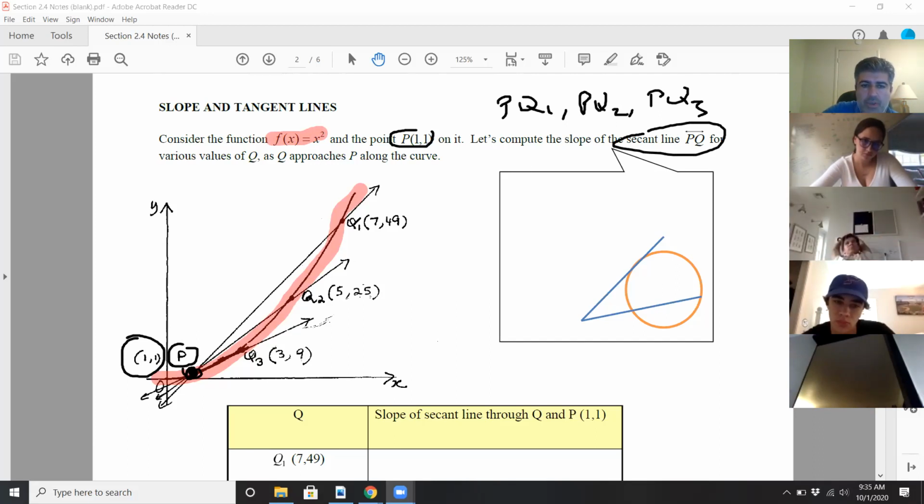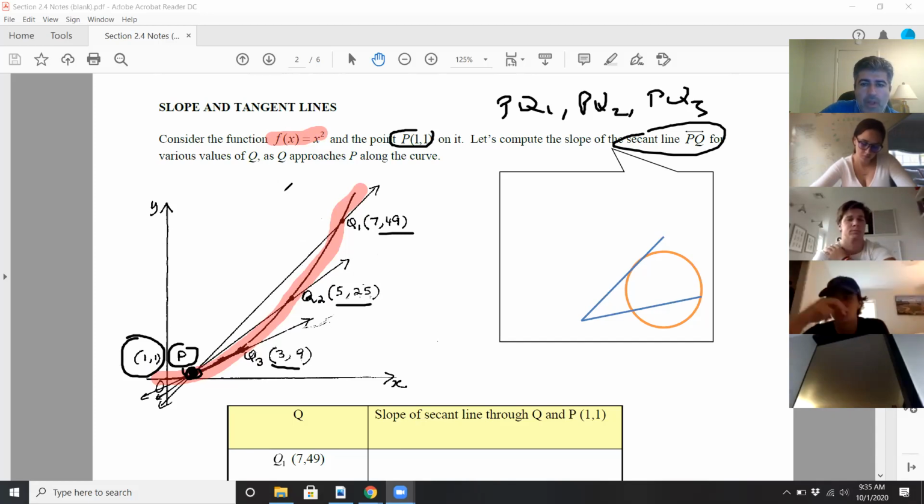And Q1, you can see, is 7, comma 49. Q2 is 5, comma 25. Q3 is 3, comma 9. And these are all points on the parabola, right? Like by plugging in, 7 squared is 49. 5 squared is 25. 3 squared is 9. And so forth.